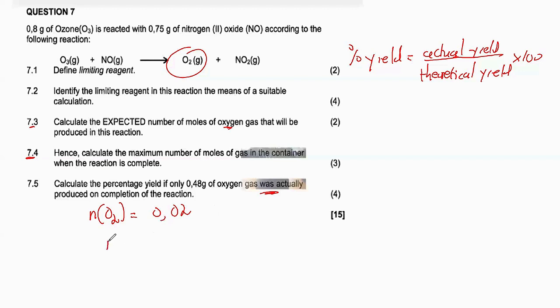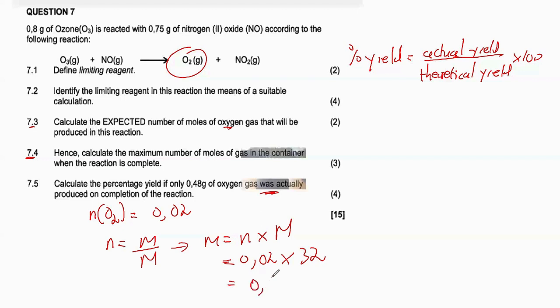So n is equal to m over big M. If we rearrange this, m is equal to the number of moles multiplied by the molar mass, which is 0.02 multiplied by O2, 16 multiplied by 2, that's 32. So 0.02 times 32, we end up with 0.64 gram, right?